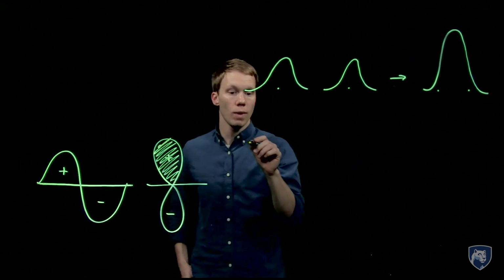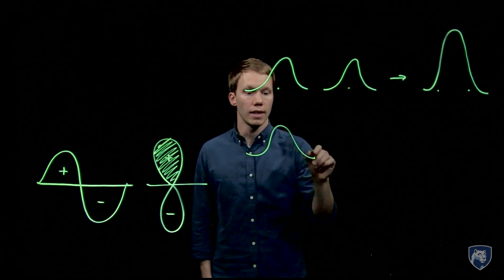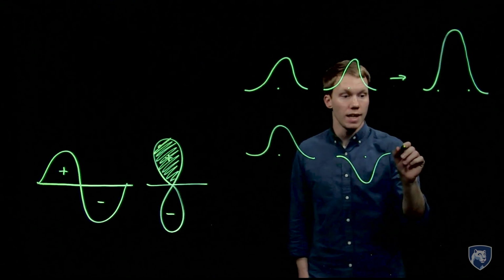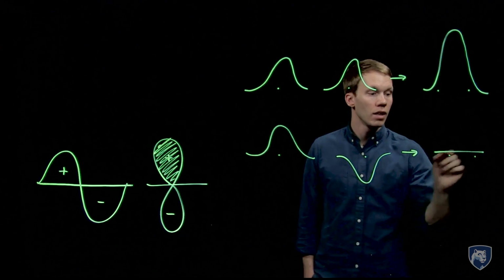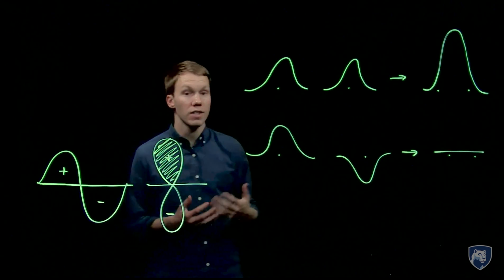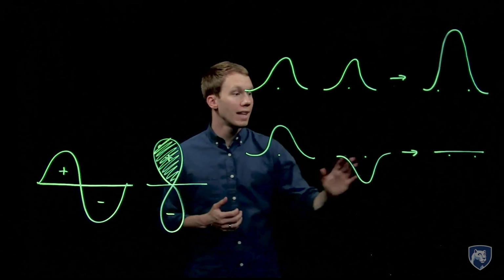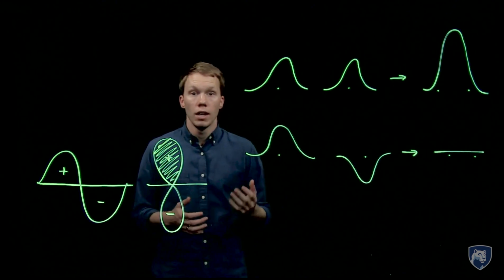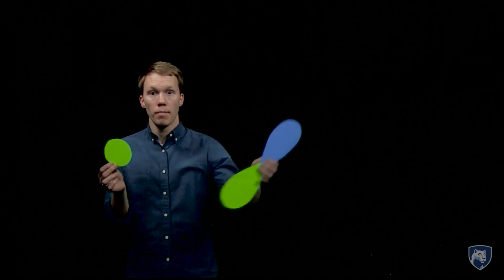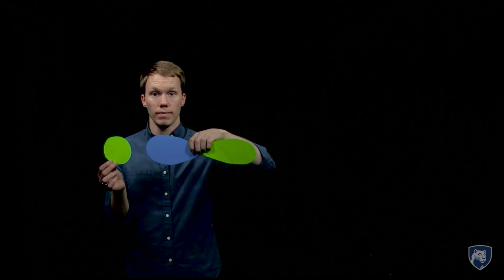If we have a wave that is coming together with the opposite phase, then this is not going to have any constructive interference. It's actually destructive interference, and this would be no bond. So the s orbital and the p orbital can come together constructively, but not destructively.